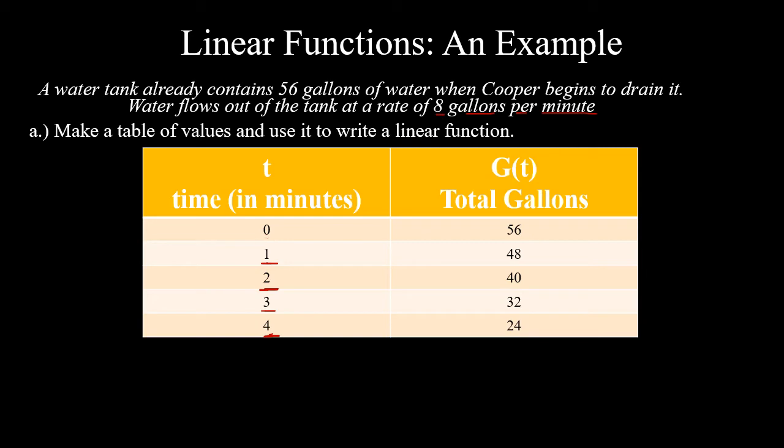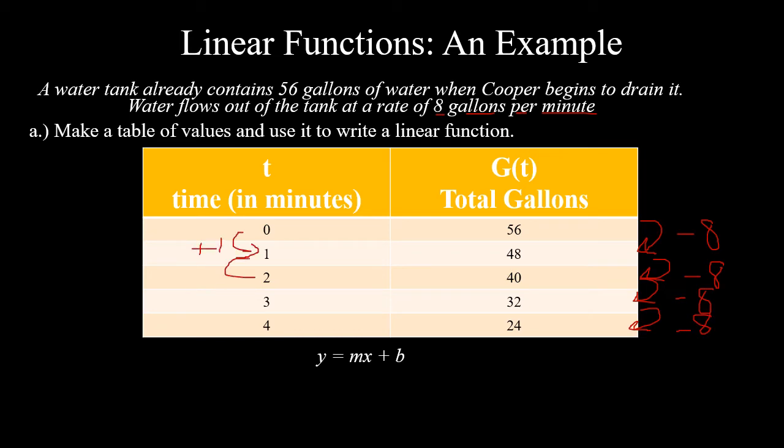Now, we know we need to get our function in the form of y equals mx plus b. And of course, we immediately saw that we were doing what? I shouldn't have erased that. Minus 8, minus 8, minus 8. So we are taking away 8 as our input changed by 1.